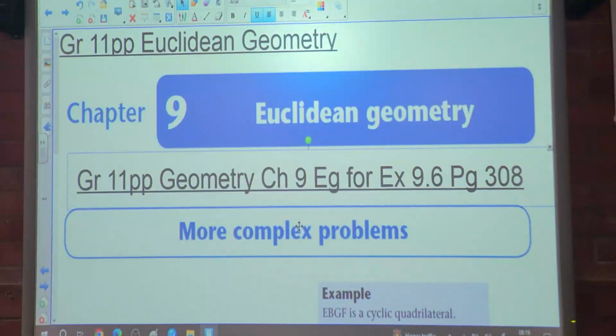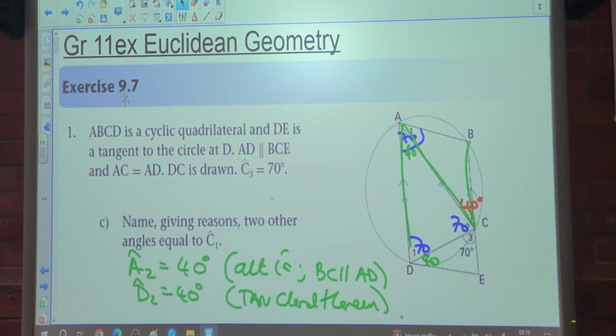Okay, good morning class. So today we're looking at Euclidean Geometry. We're actually doing the exercises. In our last lesson we did number 1 and some of this exercise.